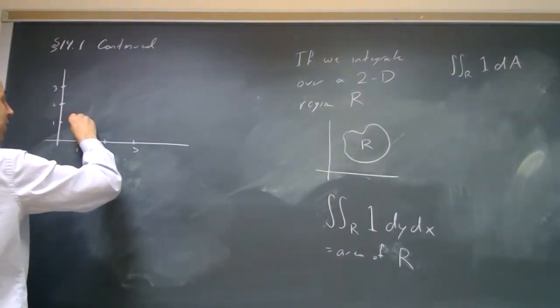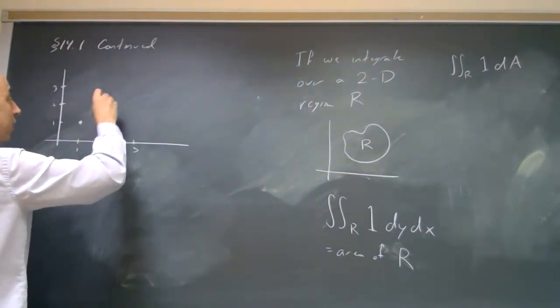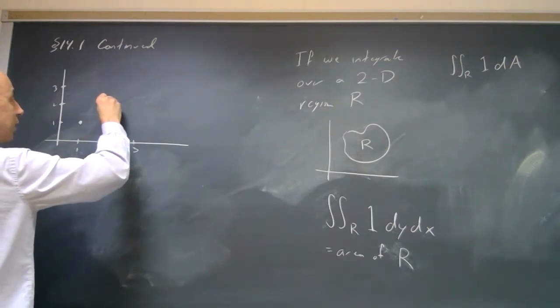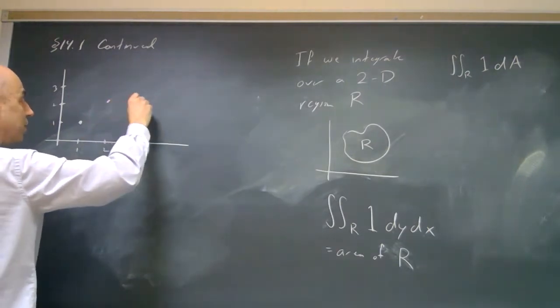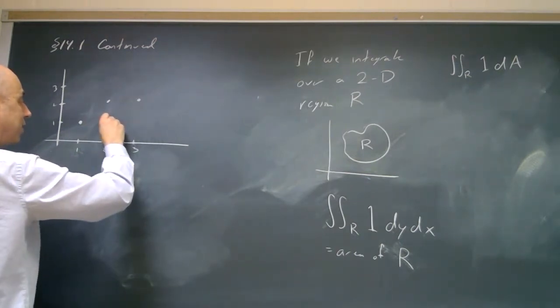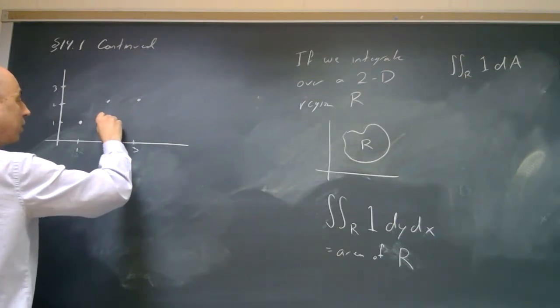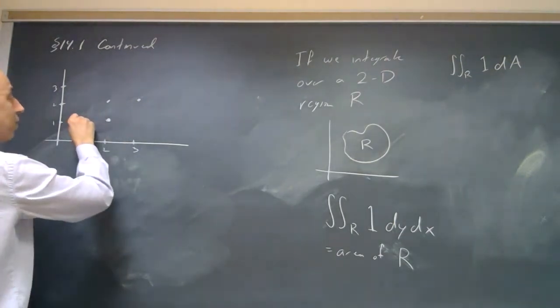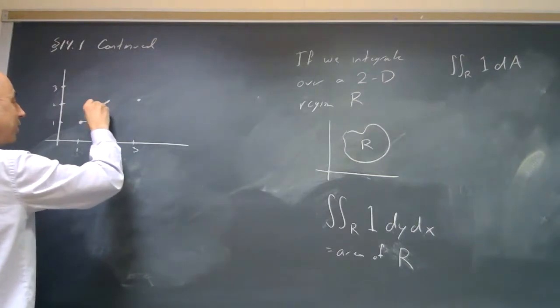And let's go ahead and put a dot here at 1, 1, a dot at 2, 2, a dot at 3, 2, and a dot at 2, 1. So we make this parallelogram.